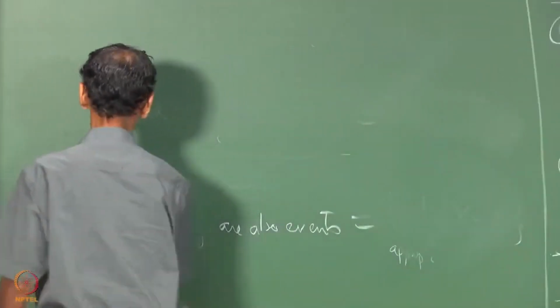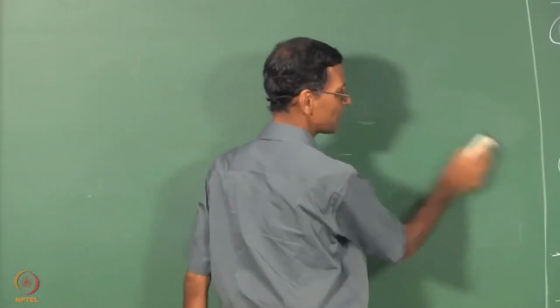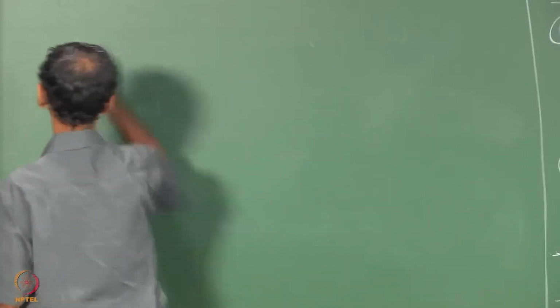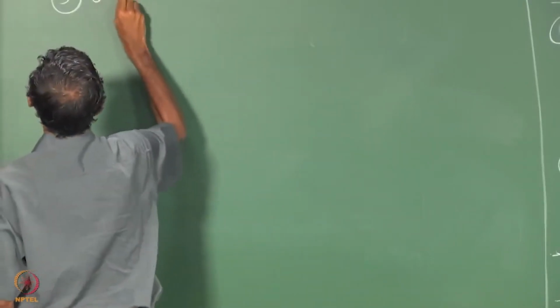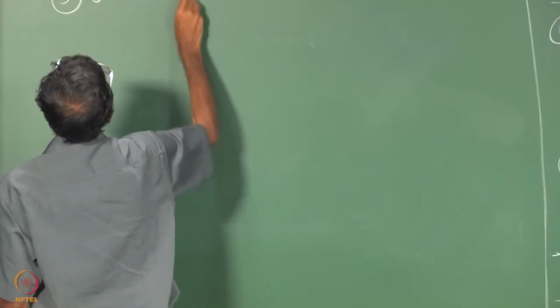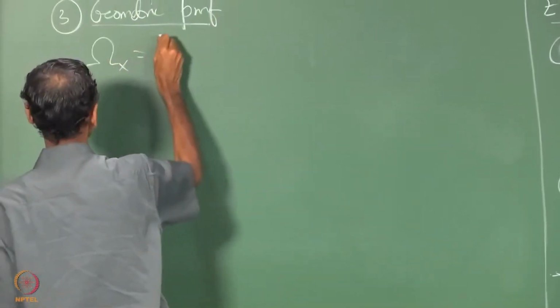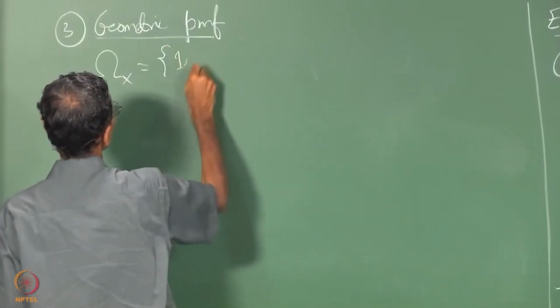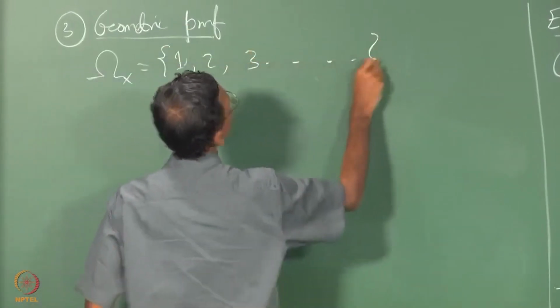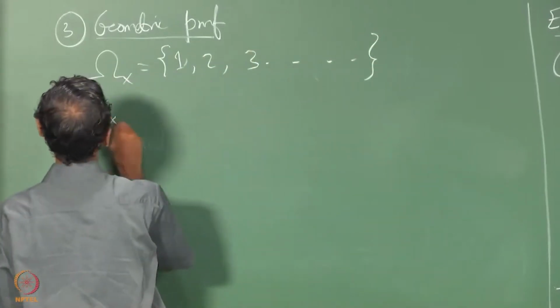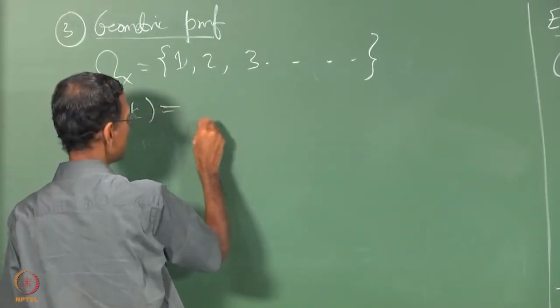Then the geometric PMF, that is again something we have seen, right. So here omega x is countably infinite, so we are saying 1, 2, 3. What did we say about this?